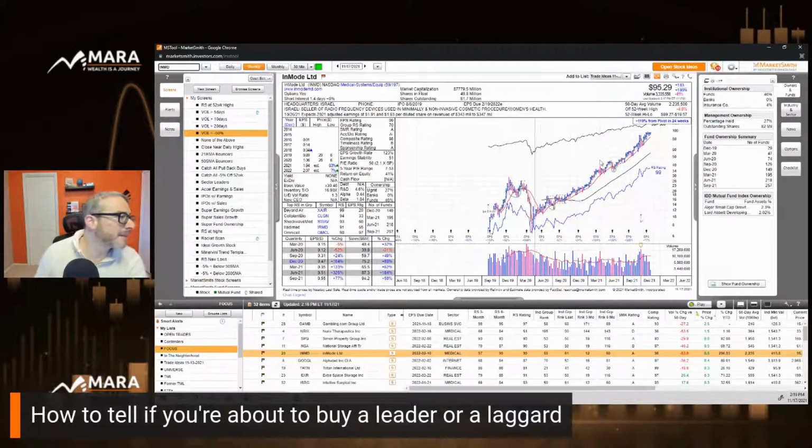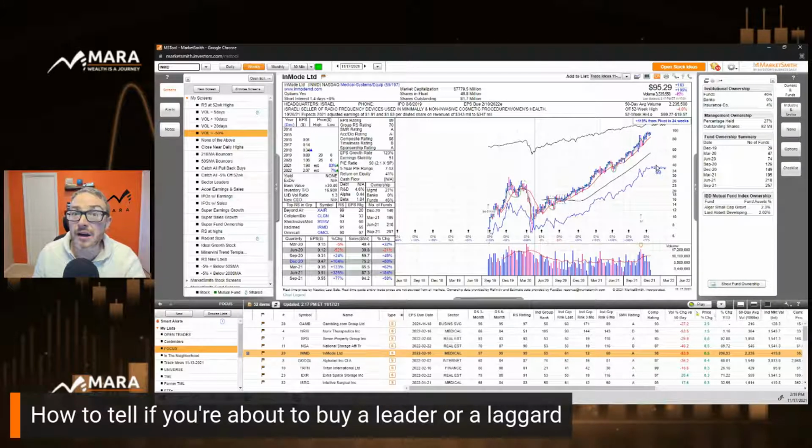You want to compare that setup to the other setups in its group or how the other stocks are performing in its group. What kind of a run has it had? What does the price and volume action tell you? What does the relative strength line look like versus the other ones in its group? What do all those things look like? What do they tell you?